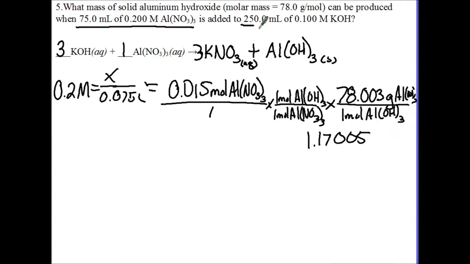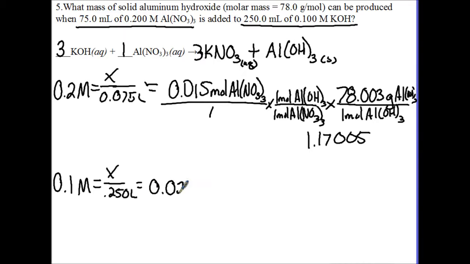Okay, so now we're going to take this reactant, and we got 0.1 molar equals X over 0.250 liters, which gives us 0.025 moles of KOH.